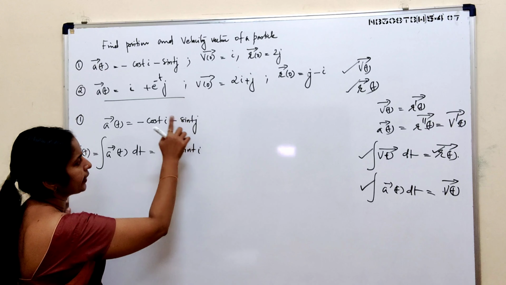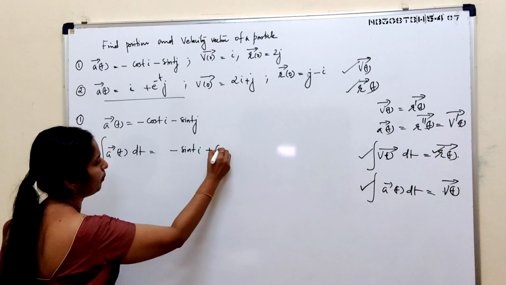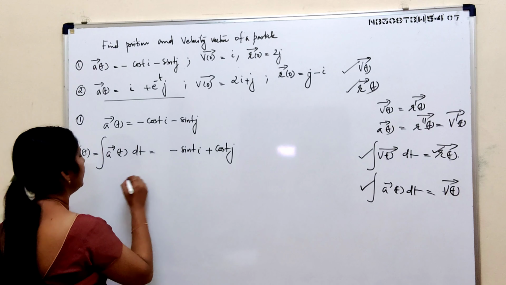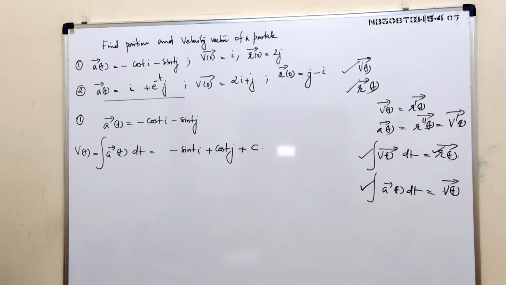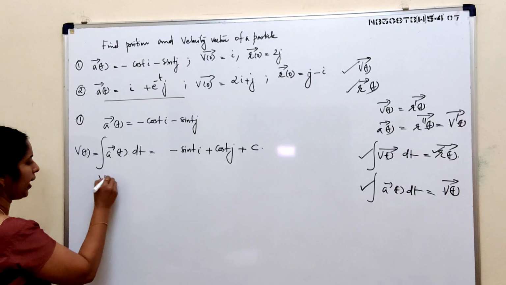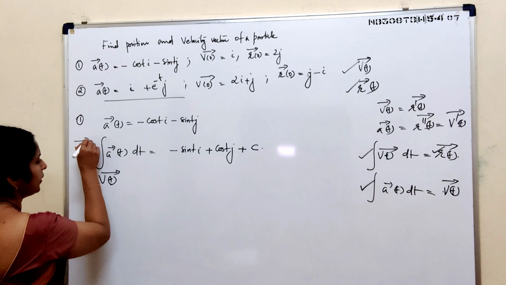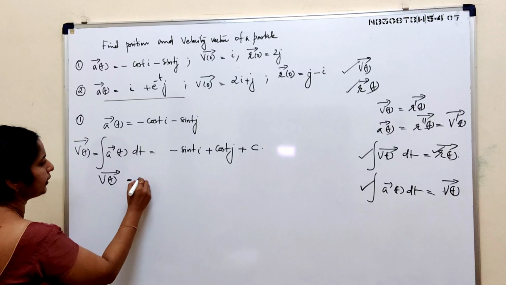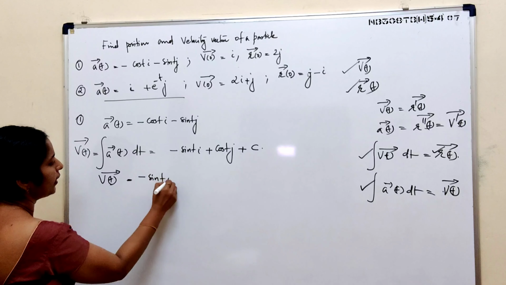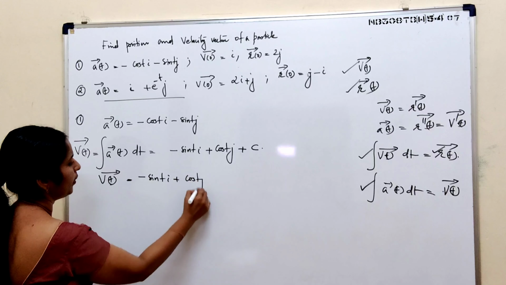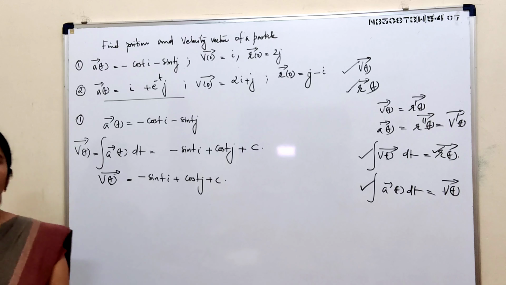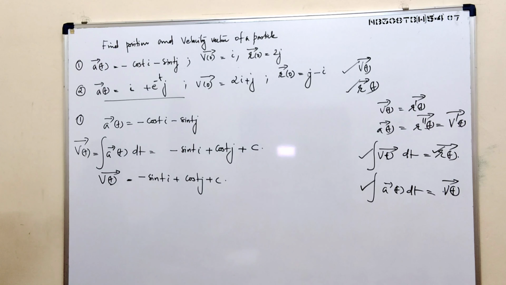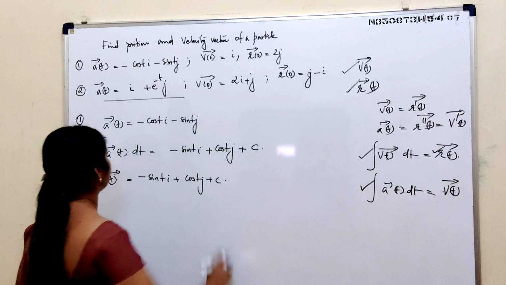The integral of sin t is minus cos t, so it is plus cos t j. Plus, after integration there is a constant. See, this is velocity v(t). So we have velocity as minus sin t i plus cos t j plus c. These are all vectors. Here we have an arbitrary constant c.